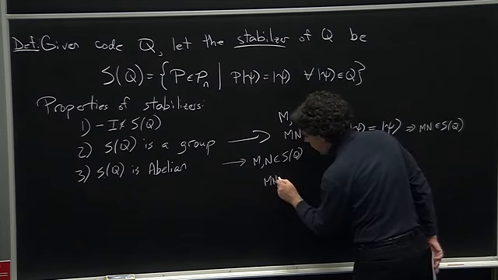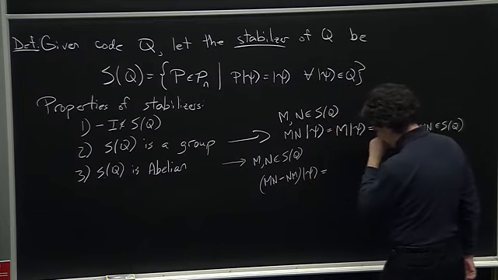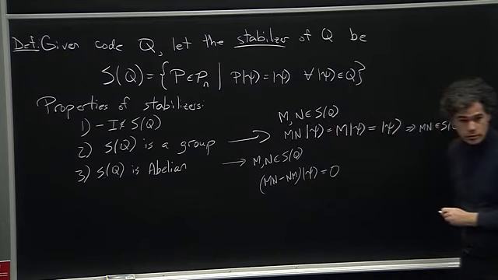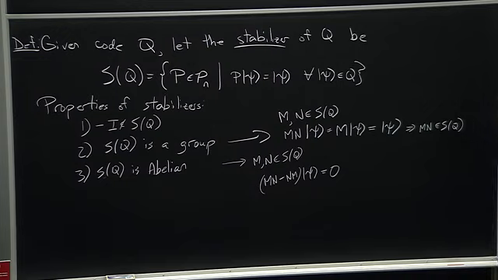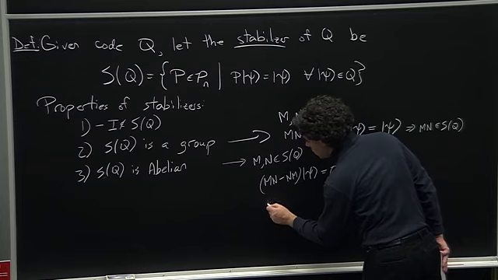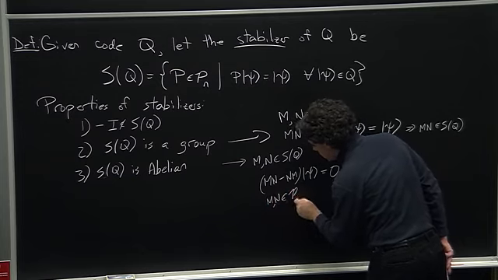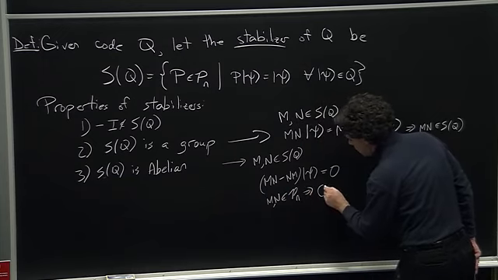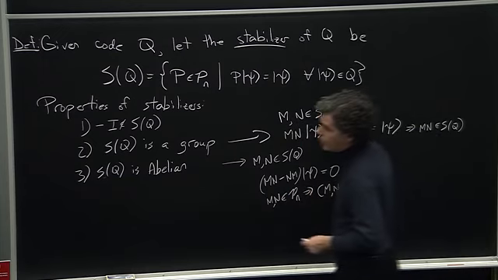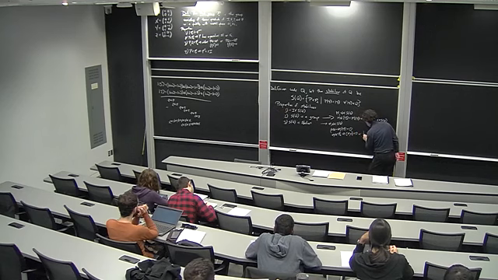So MN minus NM psi is equal to 0. Okay? But M and N are in the Pauli group. And in particular, by this property 3 up there, that means that either M and N commute or they anti-commute.